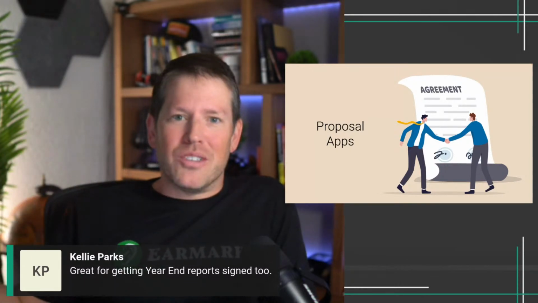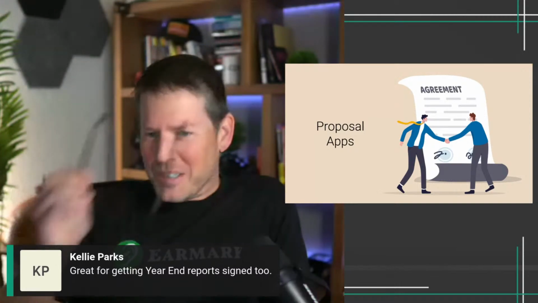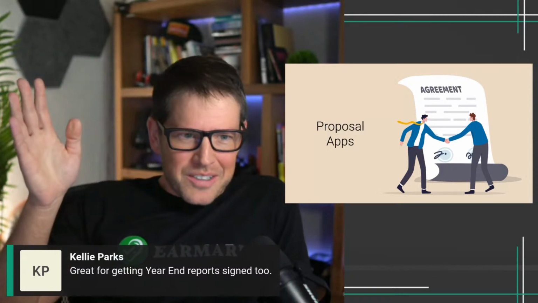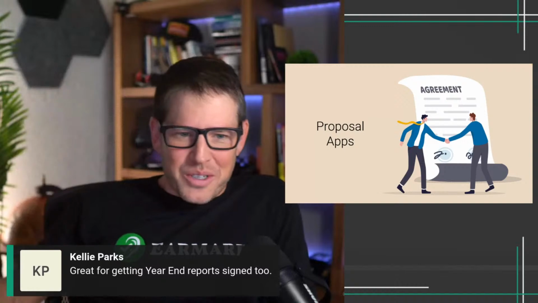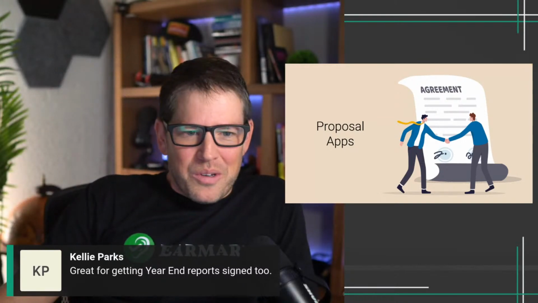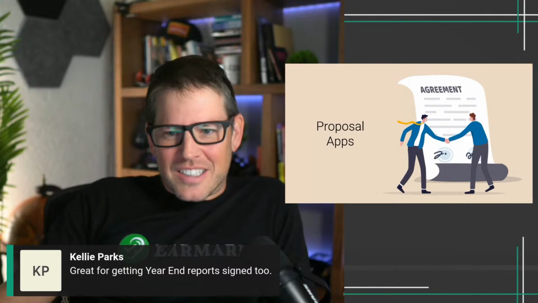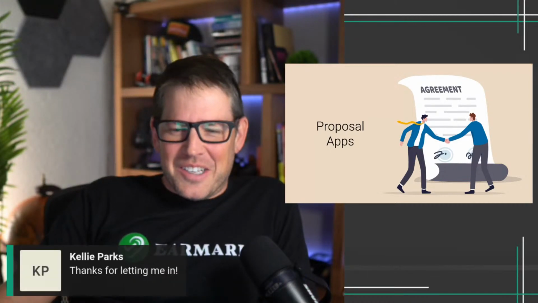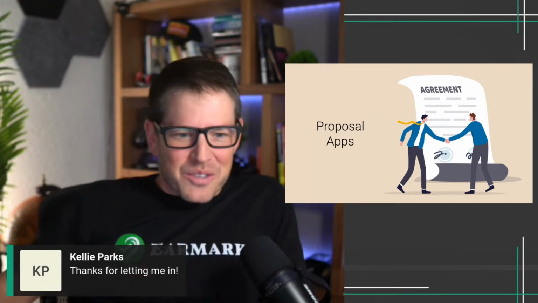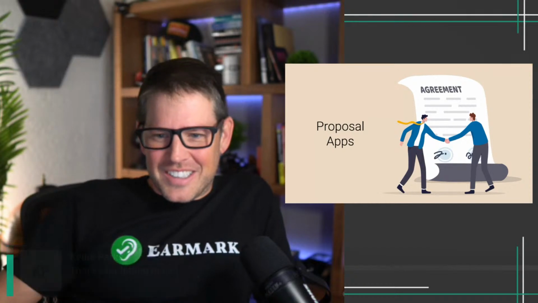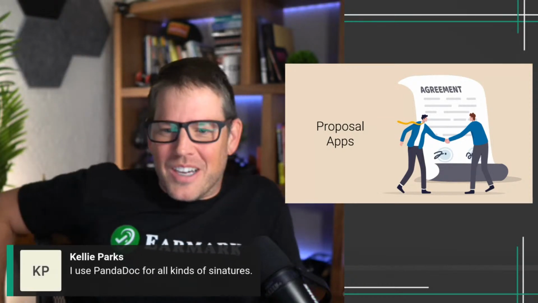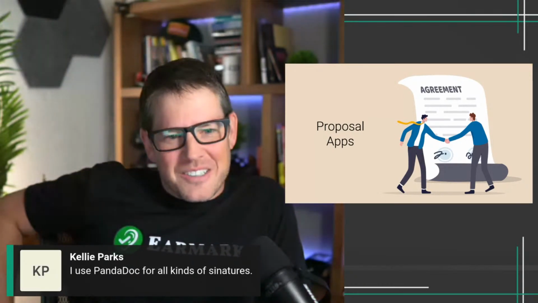It doesn't have to be just for those agreements or engagement letters. And everyone else, we got dozens of you here online today. If you have questions for me about what I'm saying here, if you have opinions, then let me know. Kelly says, thanks for letting me in. Always, Kelly. Kelly says, I use PandaDoc for all kinds of signatures. Yep.